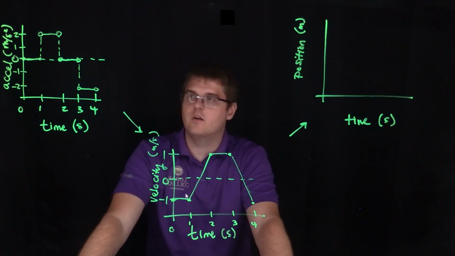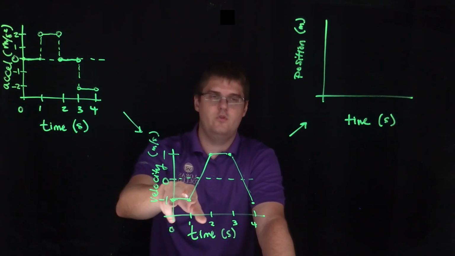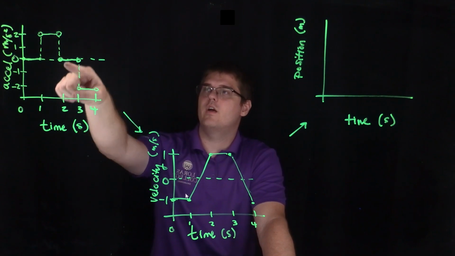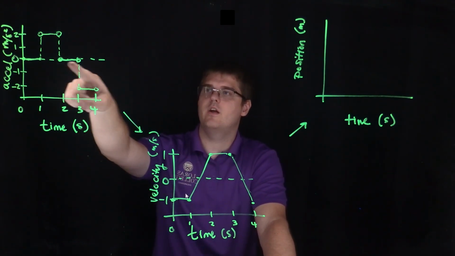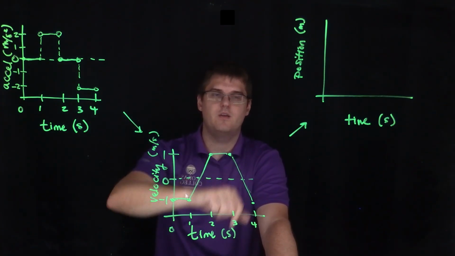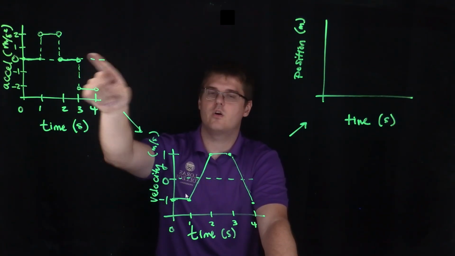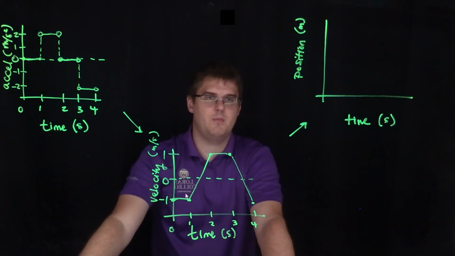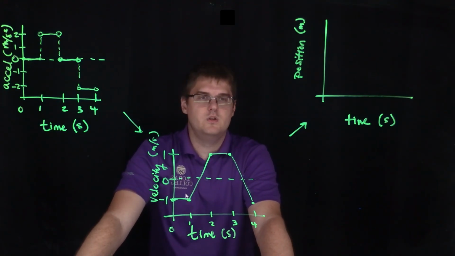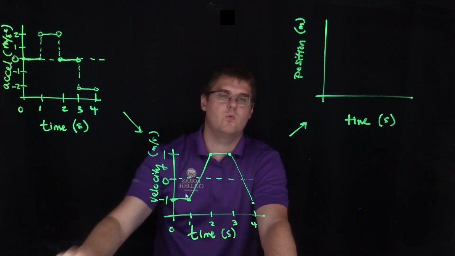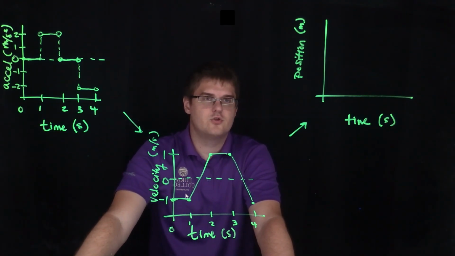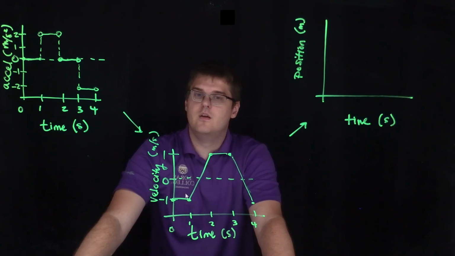We have area under the curve is 0, no change. We have area under the curve of 2, we increase by 2. We have an area under the curve of 0, we increase by 0. We have an area under the curve of -2, we decrease by 2. So just the same as what we were doing. If this were velocity and this were position, it would be true nonetheless.